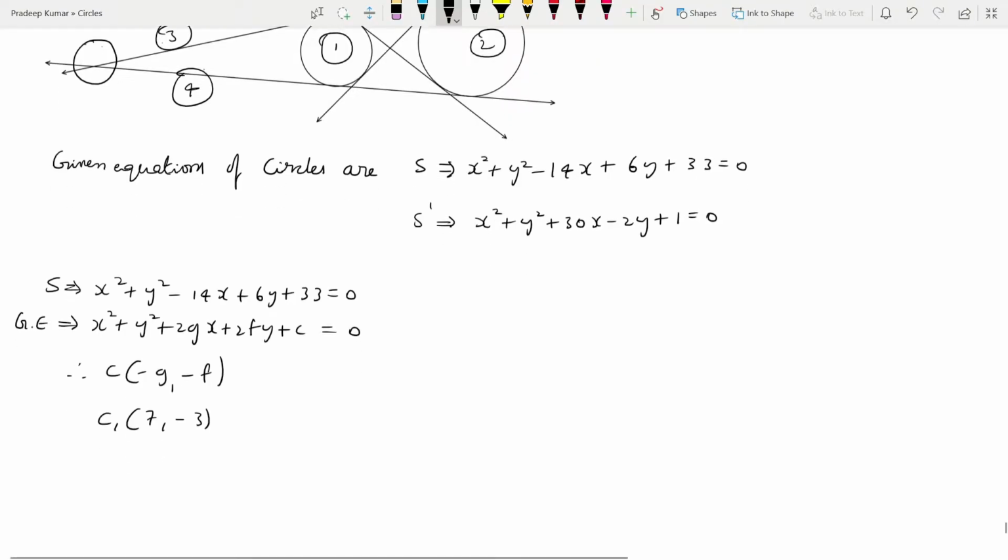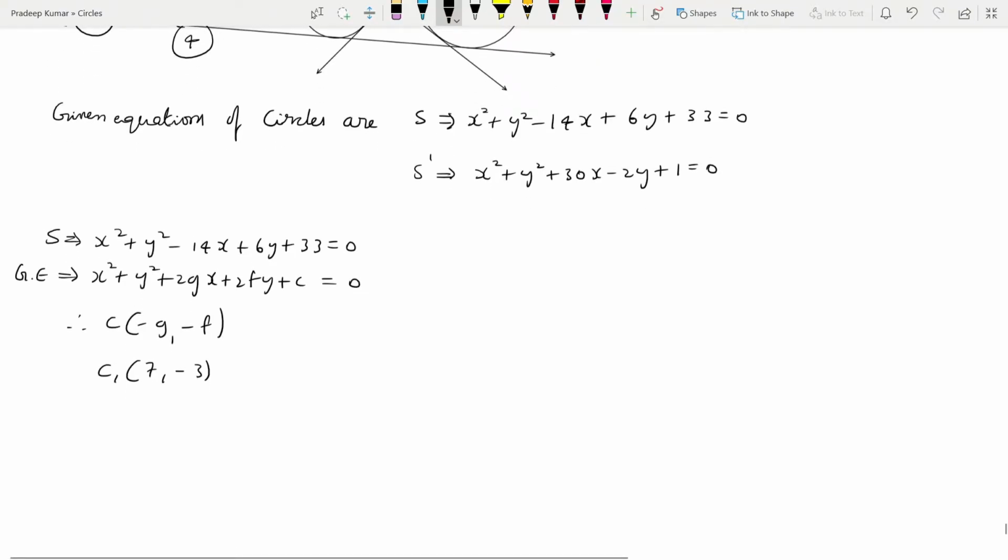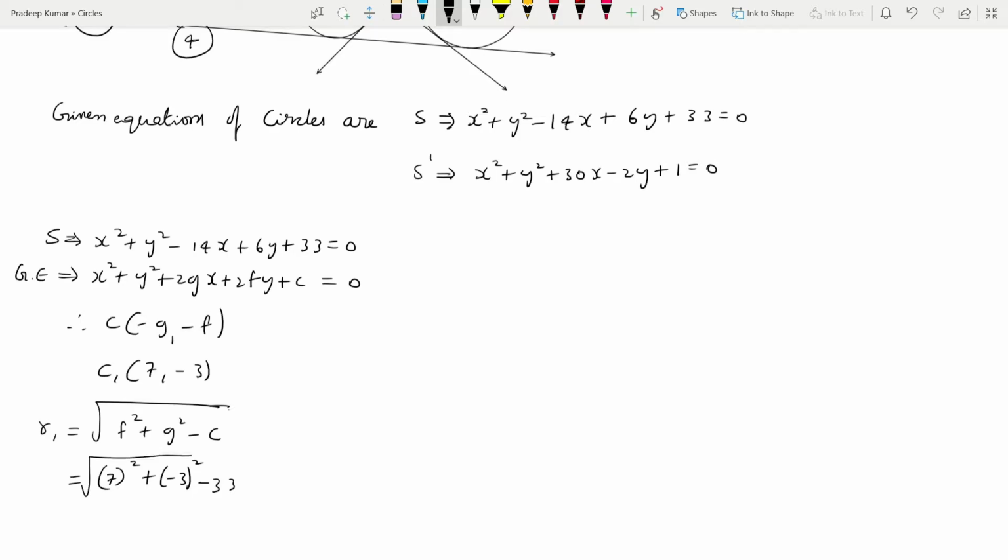In the same way, I'll find out the radius of the circle. To find the radius, we have the formula: radius r1 equal to under root f square plus g square minus c. Let's substitute these values. f is 7, g is minus 3, and c is 33. So 7 square is 49 and 3 square is 9, minus 33.